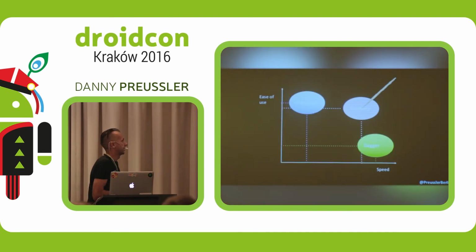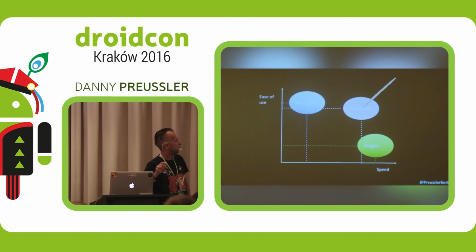So what is the idea behind Toothpick? It was developed by developers from Groupon that were working on Roboguice before, trying for 1 or 2 years to make it faster, and at a certain point they said, okay, there's nothing we can do anymore the way Roboguice works. So we need something new.